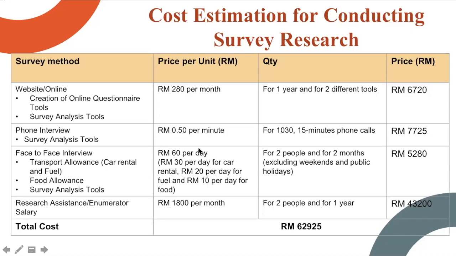If this face-to-face interview uses two people for 2 months, the cost will be 5,280 ringgit. The research assistants and enumerator salary is 1,800 ringgit per month, and for two people for 1 year, the cost is about 40,200 ringgit.